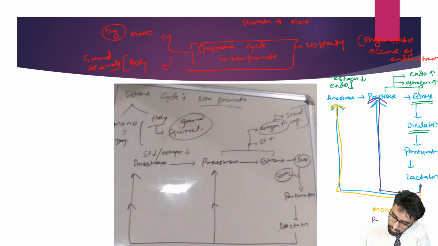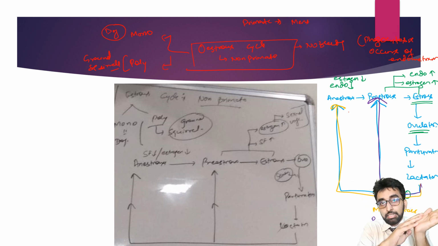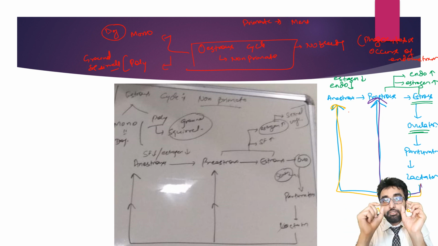So polyestrous will follow this color and monoestrous will follow this color. The main thing you have to remember is that the estrous cycle is seen in non-primates. Why? Because in primates we have the menstrual cycle where the endometrium comes out. In non-primates the phagocytic cells sitting there eat all the endometrium and do not allow it to come out. So there is no bleeding in non-primate animals.